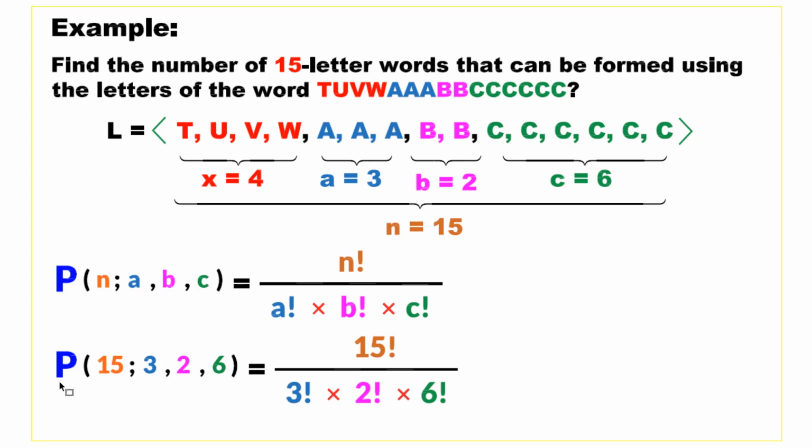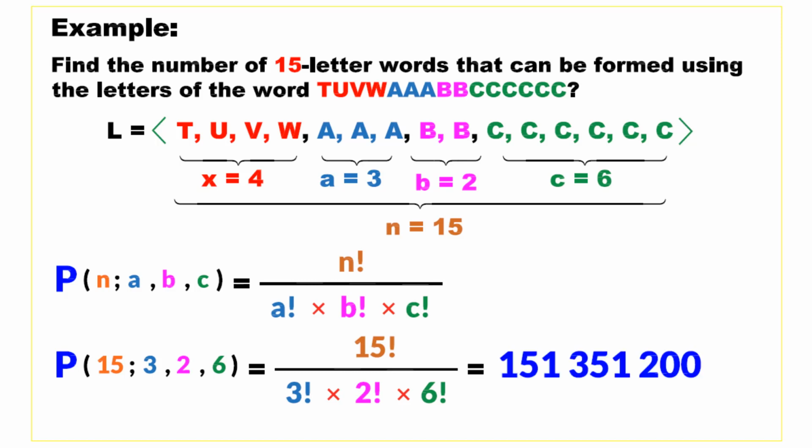Permutation without replacement of 15 letters, taken 15 letters at a time, with 3 identical letters and 2 identical letters and 6 identical letters equal to 15 factorial, divided by the number of the first set of identical letters factorial times the number of the second set of identical letters factorial times the number of the third set of identical letters factorial.